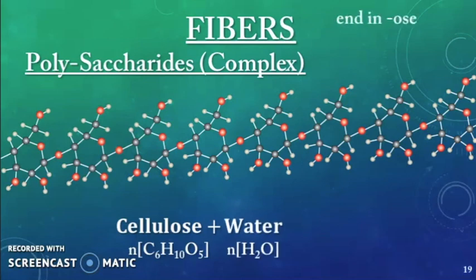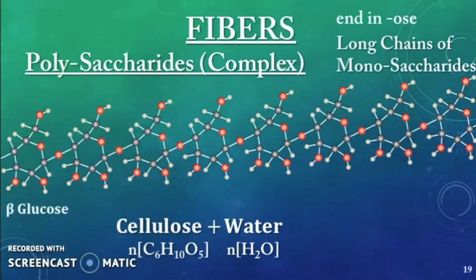Okay, we don't do very good with that. So we notice that it still ends in OSE. It's long chains of monosaccharides, just like starches, and in this case, it's beta glucose.